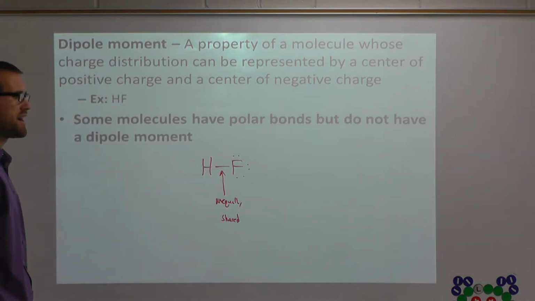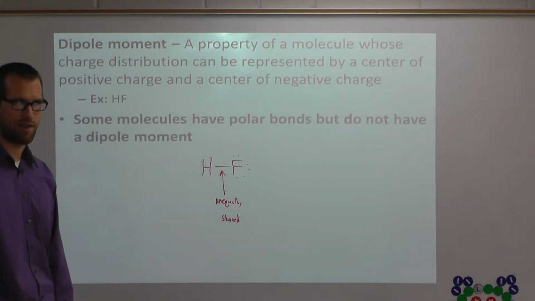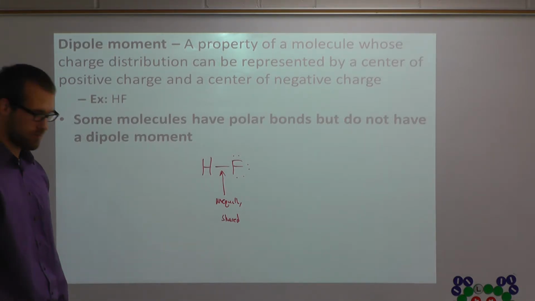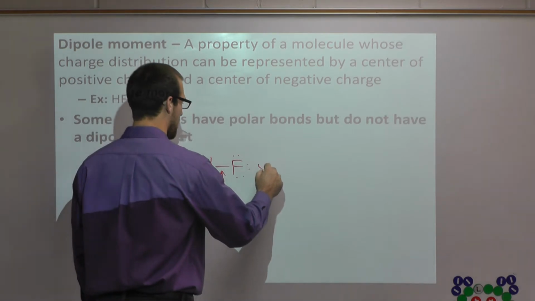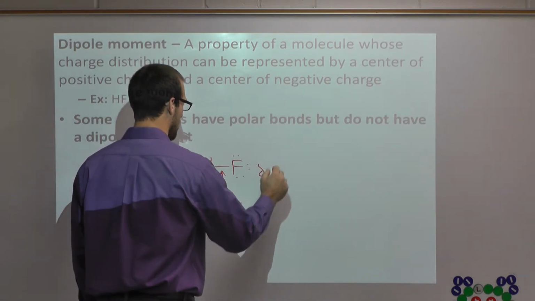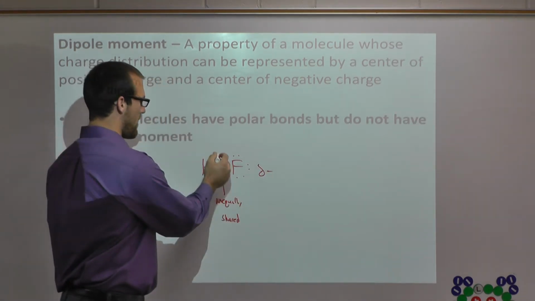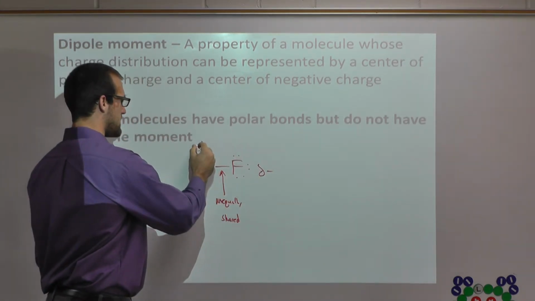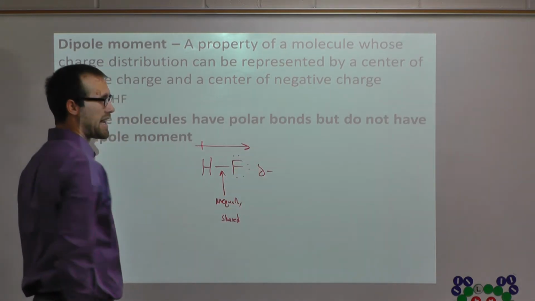What this does is create polarity. We have a positive end of the molecule and a negative end of the molecule. Where is the negative end going to be? The negative end is going to be near the fluorine because you have a pull of electrons towards the fluorine. So our dipole moment looks like that.